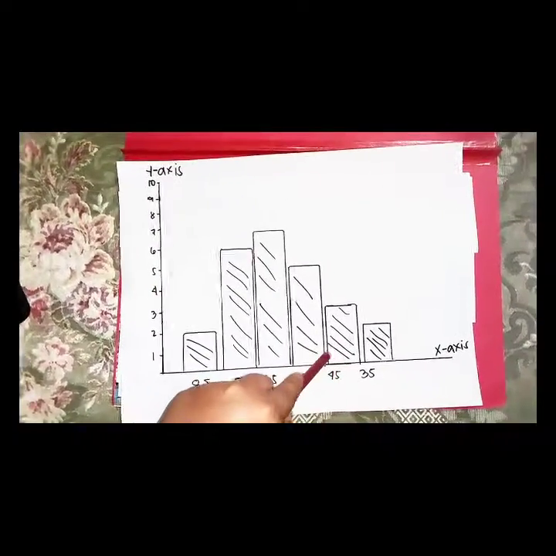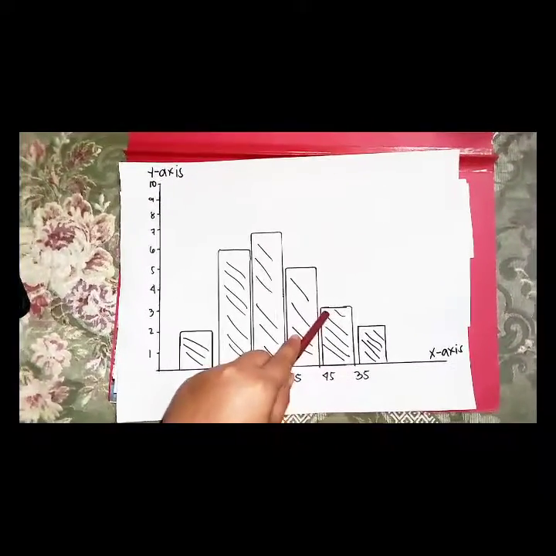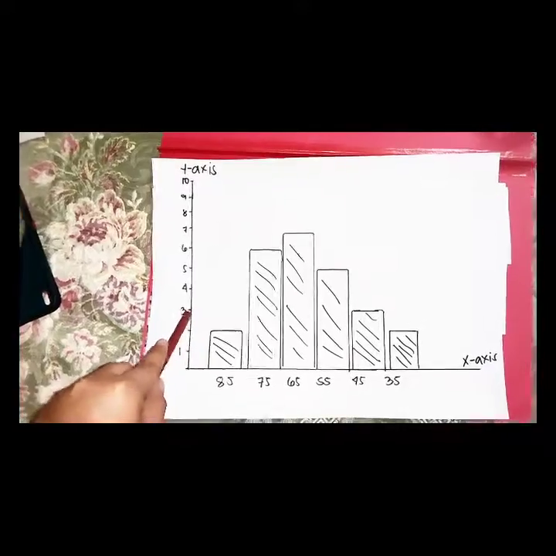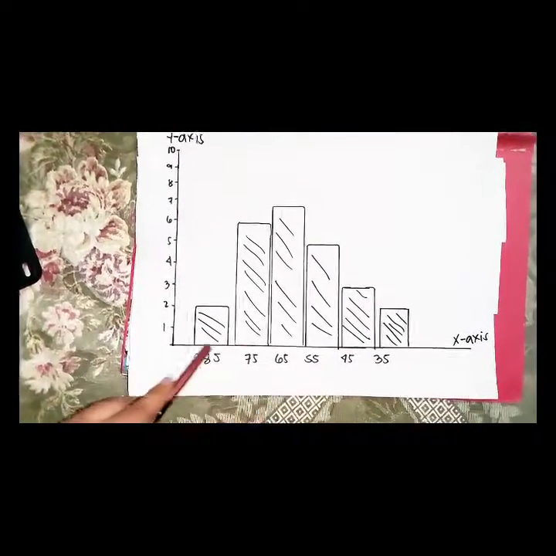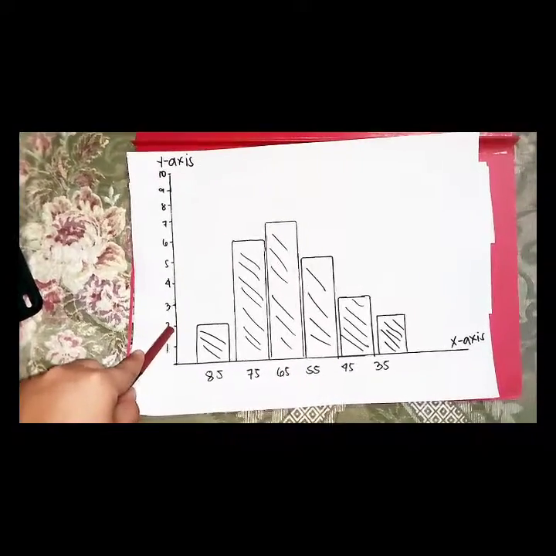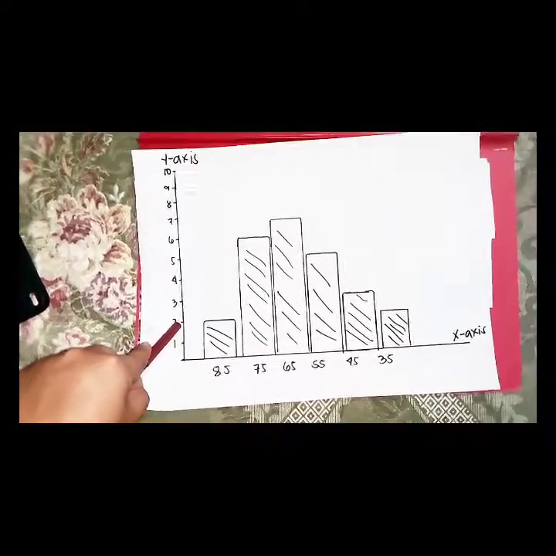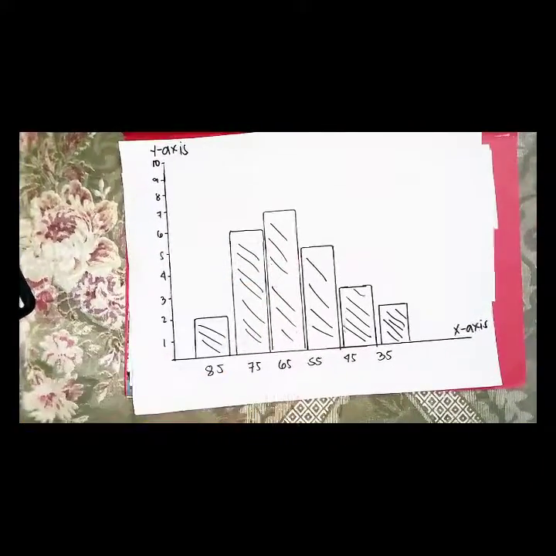The fourth highest bar has 45, which has a frequency of 3, and our 85 and 35 have the same or equal frequency. So our highest midpoint is 65.